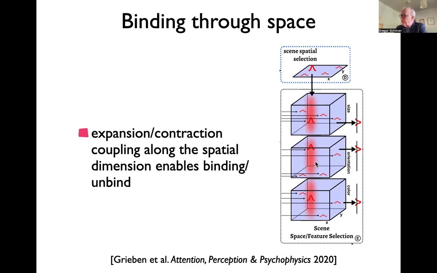For instance, if I know the location I want to look at, you put a cylinder kind of coupling, an expansion coupling, into all these different fields, and that finds the peaks that overlap with that cylinder, and then through a contraction coupling, extract the value, for instance, which size, which orientation, which color is at that location. And that's effectively binding these different feature values to each other, just in the classical Treisman sense.